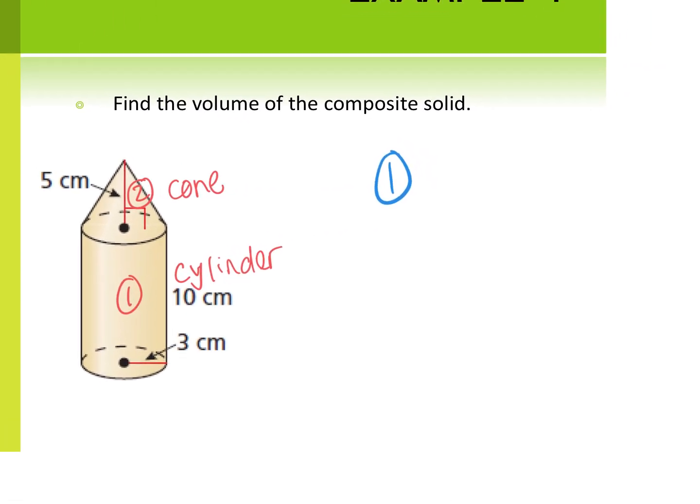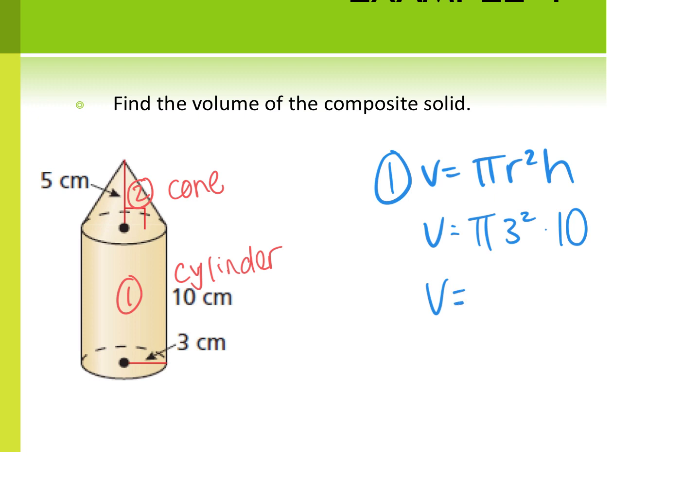What's the volume formula for a cylinder? Volume equals pi r squared times the height. Dylan, you didn't even need a formula sheet for that one. You're crushing it, dude. Okay. Do we know the radius? It's 3. So volume equals pi times 3 squared. What's the height? 10.